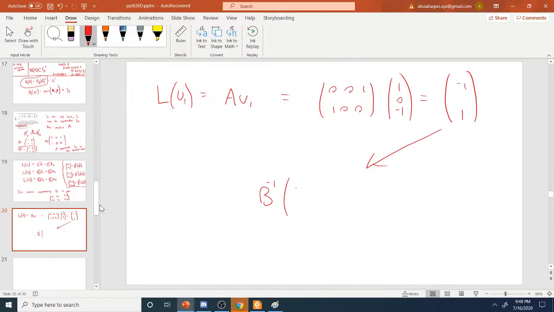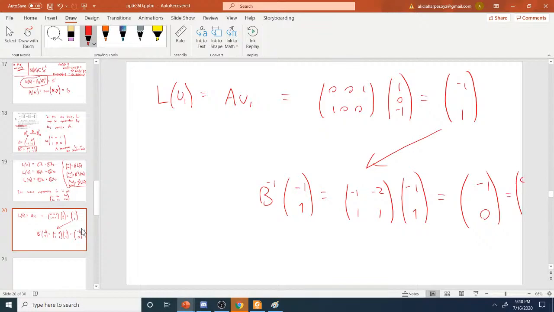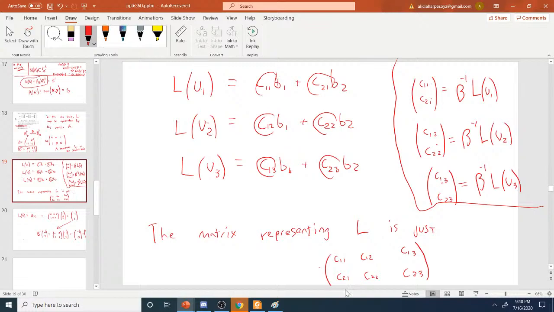So I take B inverse of negative 1, 1. This is the same thing as negative 1, negative 2, 1, 1, multiplied by negative 1, 1. And this right here is simply negative 1, 0. So this gives me C11 and C21. So now I know what the first column of my matrix is.